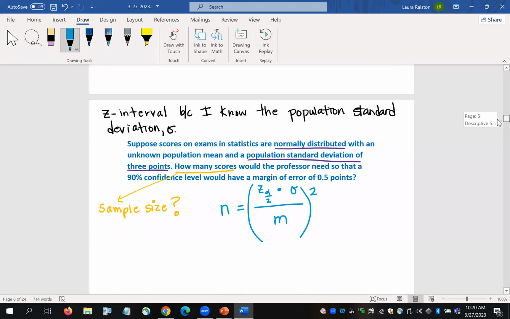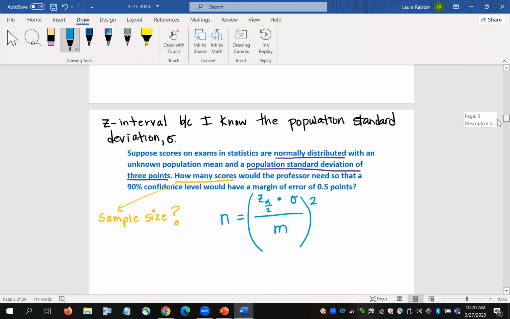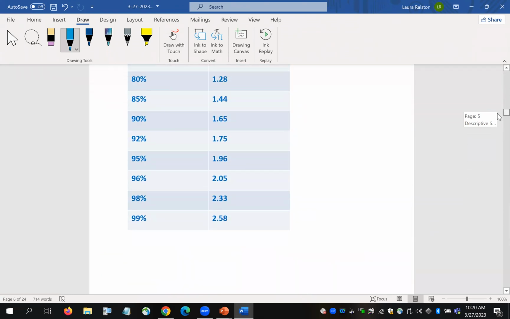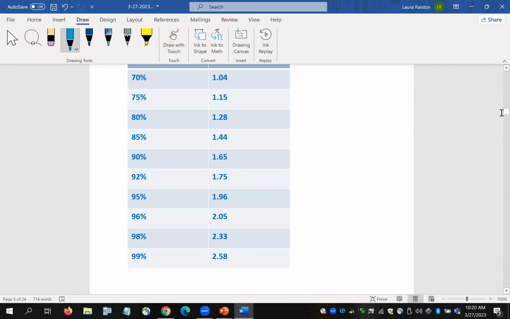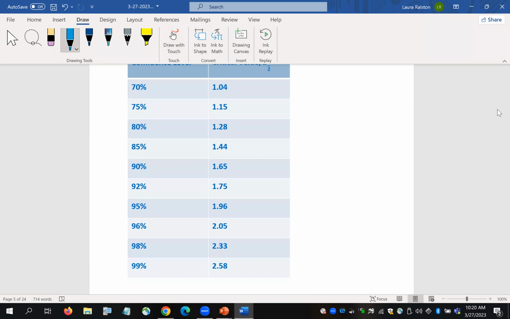So the first thing I'm going to do is go back up and look at my table. We're doing a 90% confidence level. So, looking down the confidence level column, I find 90%. Here's 90%.